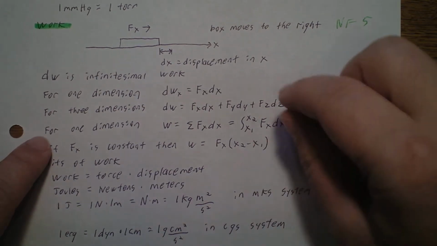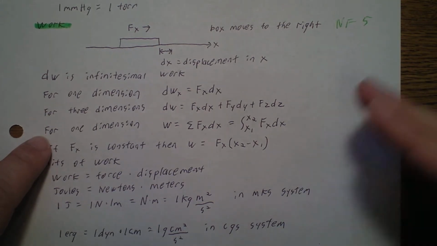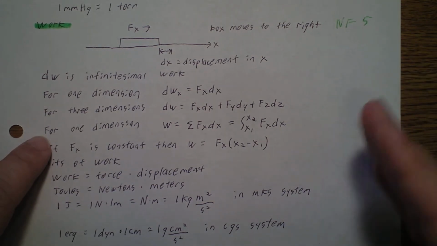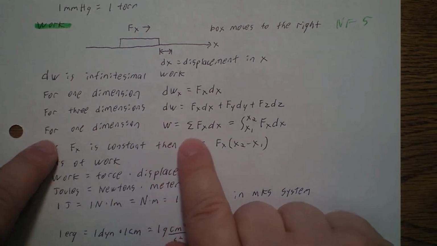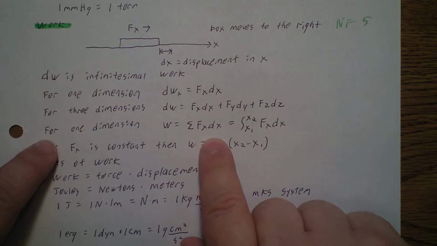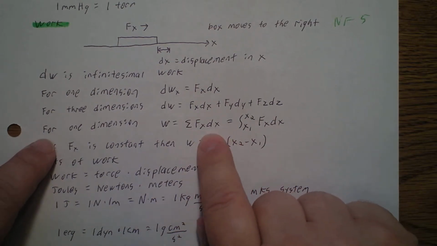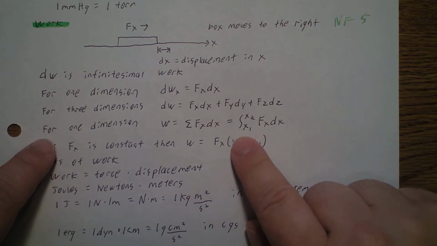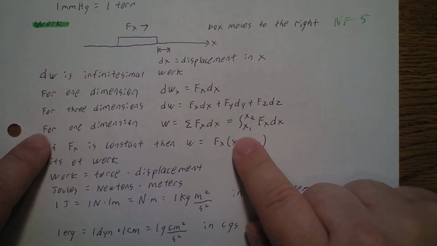Now, that's just at one instantaneous position. If you keep moving, you add up the force over the displacement. So the total work in one dimension is going to be the sum over all that motion of the x component of the force times the displacement in x. Now, the force can change, so we actually have to write it as a definite integral.